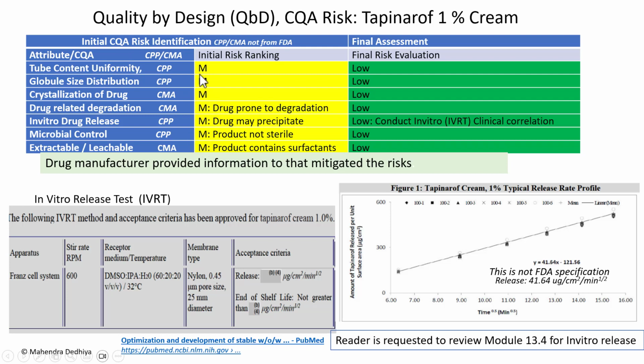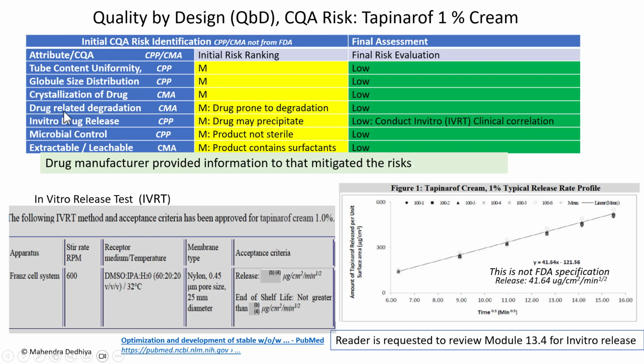Medium risk are defined as tube content uniformity. That would be process related. Globule size distribution, that would be process related. Crystallization of a drug. Drug is dissolved in transcutol, polyethylene glycol, and therefore there is a potential for drug to crystallize. That was identified as a medium risk.